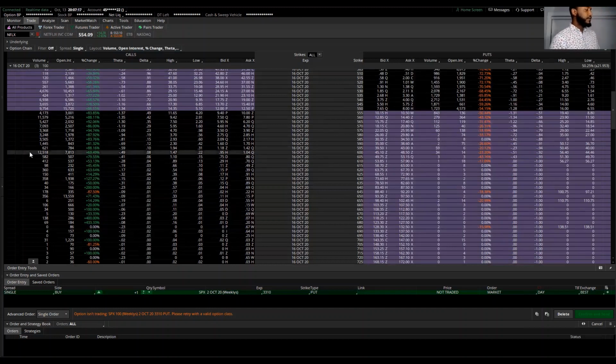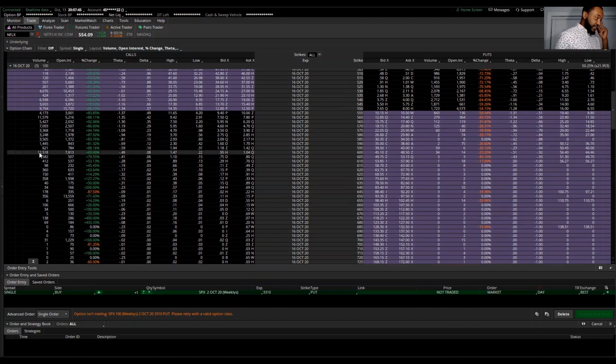Now, the next most important, and almost equally important, is the open interest. The open interest tells you how many of these contracts are actually being held currently. So what you want to look for is always high open interest and high volume, and usually you want to play the strikes that have the highest open interest and volume.